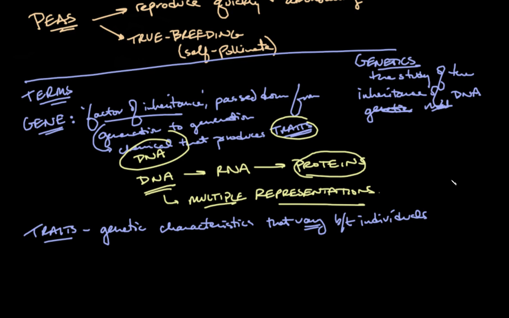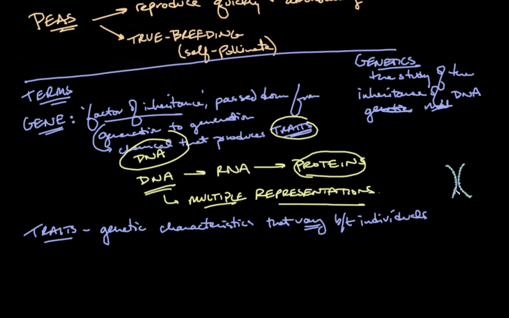And when I mean travel together, what I mean is like on a chromosome. Remember this X-shaped chromosome? Well, it's made up of hundreds and thousands of genes. So there are spots along this chromosome that we call genes, that are a section that code for a specific trait. And remember, this side is the sister chromatid. It was made during the S phase of the cell cycle, and it's an exact copy.